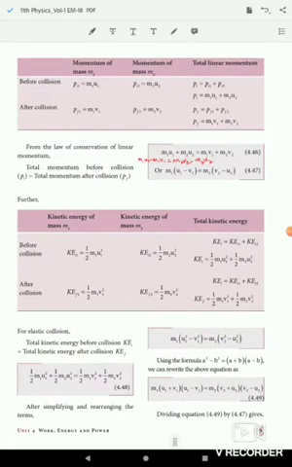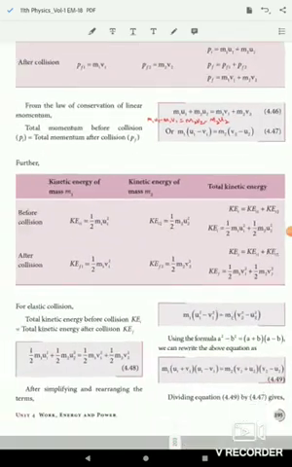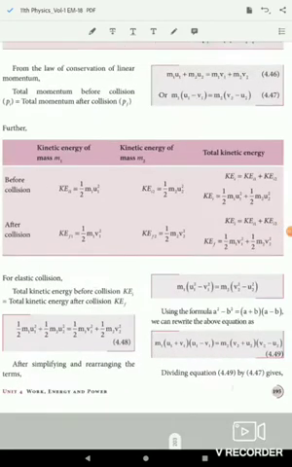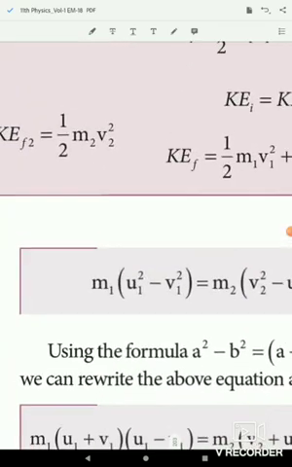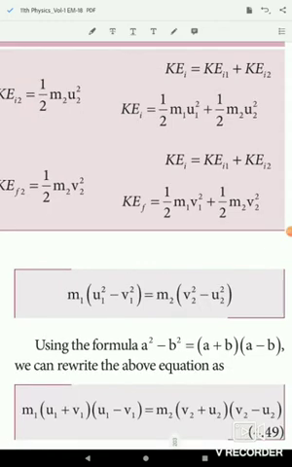Rearranging the equation, the m1 terms go to the left side, m2 terms to the right side. So m1 into (u1 square minus v1 square) equal to m2 into (v2 square minus u2 square).